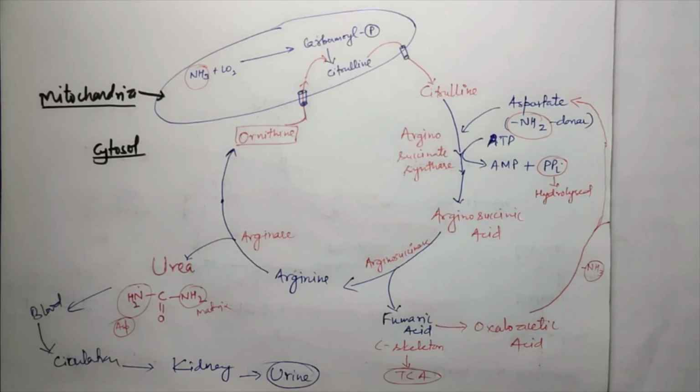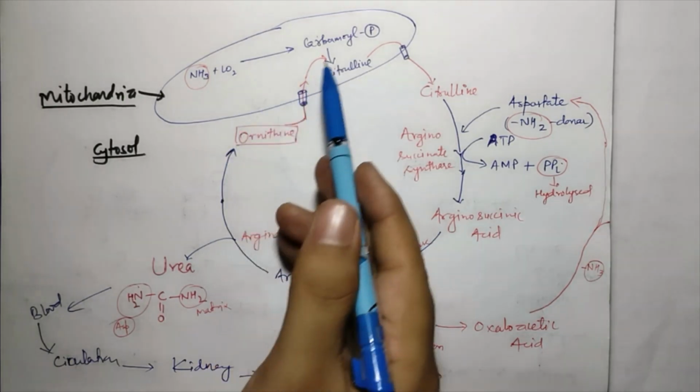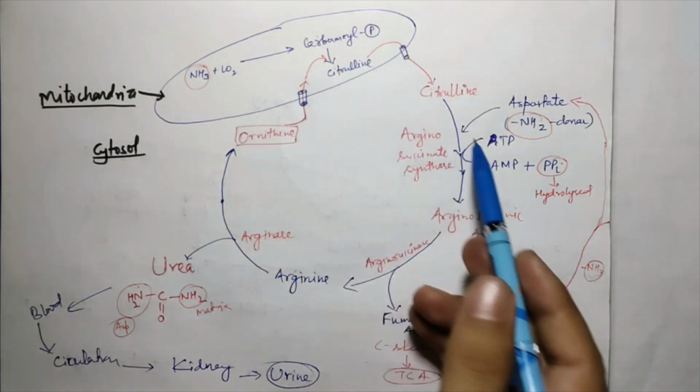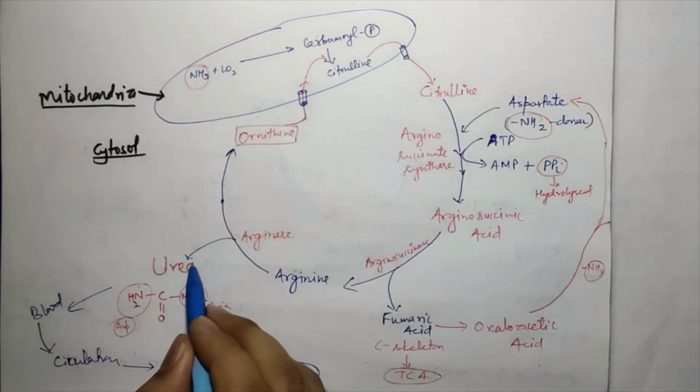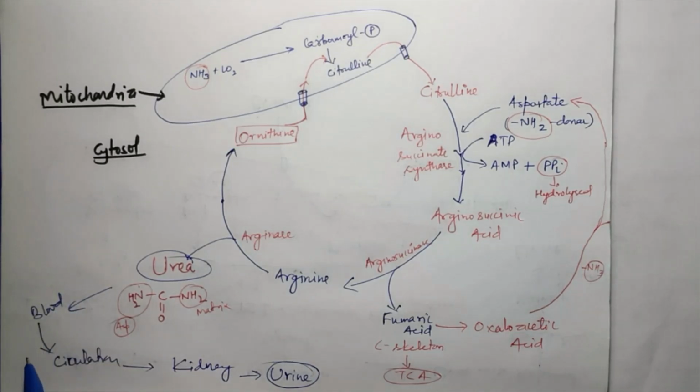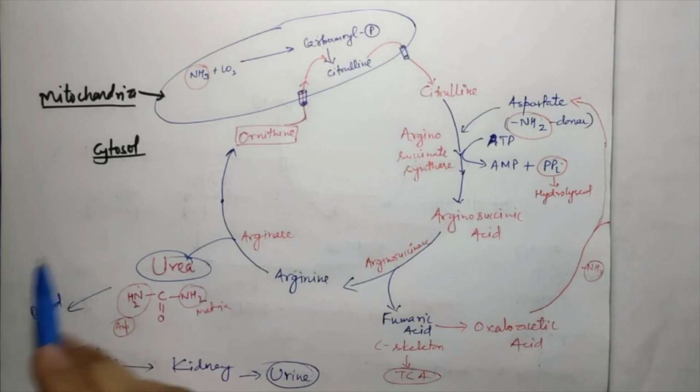So it must be removed at the earliest, and during this process it is first fixed into carbamoyl phosphate and then subsequently converted into a less toxic nitrogen containing substance, that is urea, and this urea can circulate within body fluids or blood for some time, but ultimately it is also supposed to be removed from the body through urine.